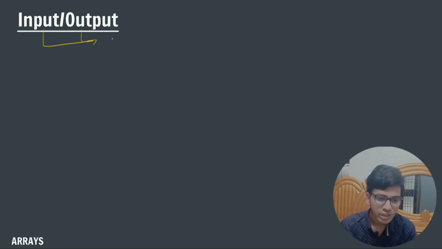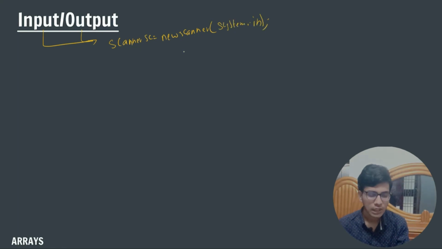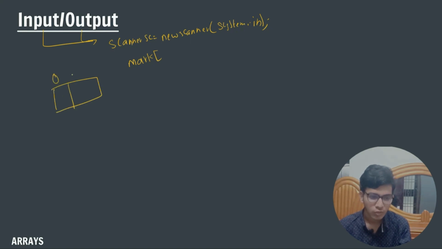So to take input, we just build the scanner class, Scanner sc is equals to new Scanner(System.in). After that, to take input from our user, we have created a marks array, right? So marks, and if I want to give the first element, this is our array, right? 0, 1 and 2.